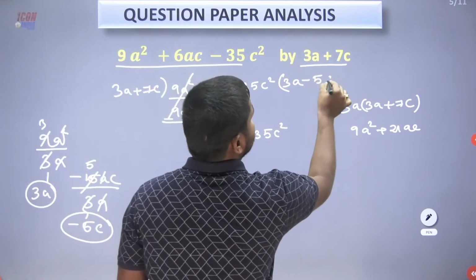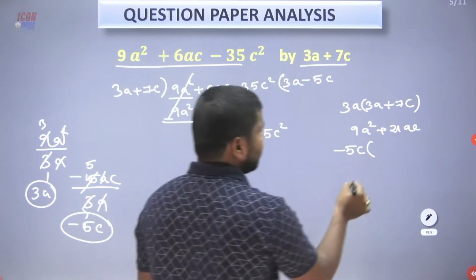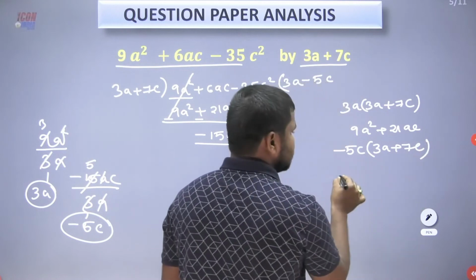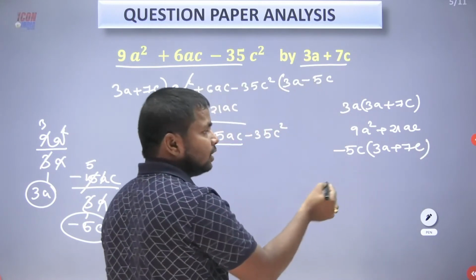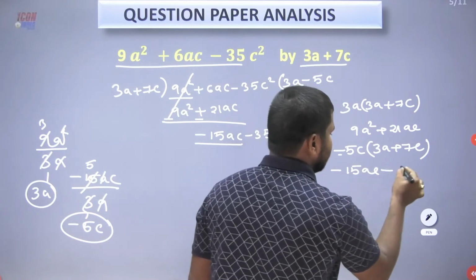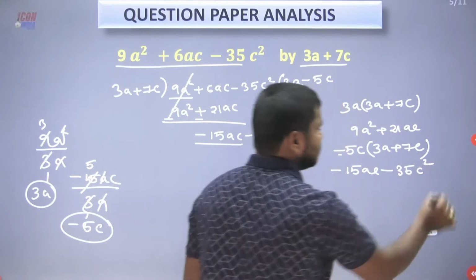If you multiply with minus 5c, what happens? Minus 5c into 3a plus 7c: minus 5c into 3a will become minus 15ac, minus into plus will become minus, 5 7s are 35, c into c will become c square.